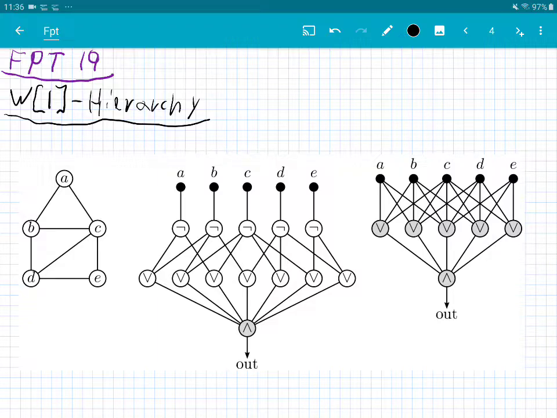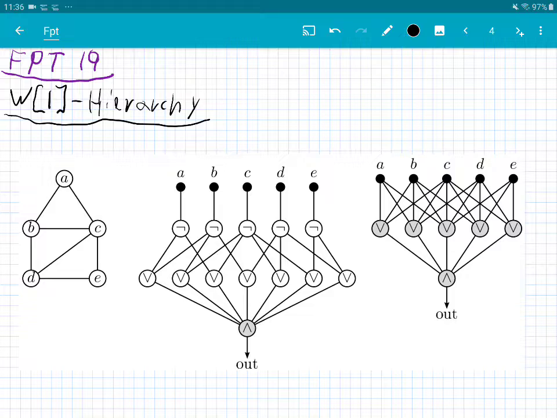And the basic idea is that we would like to look, in some sense, at the circuit complexity associated with the problem at hand. And the thing to remember is that if you think about the classical problem 3-SAT, the formulas are very simple, right? They're just an AND of clauses.